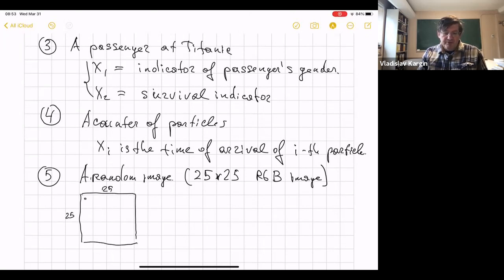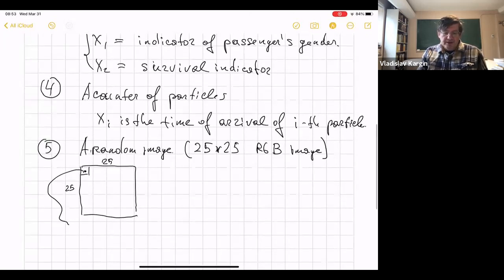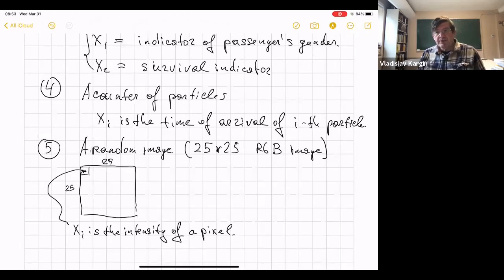meaning that at every point, like a matrix here, you have an intensity. So xi is the intensity of the pixel in this specific position.